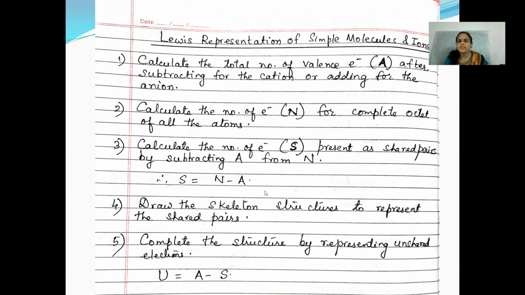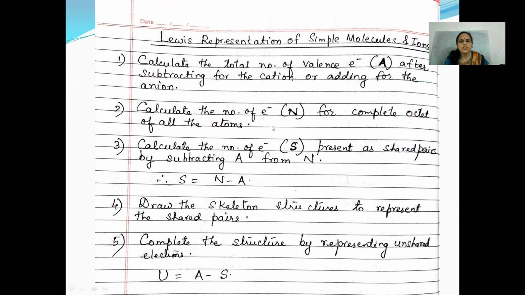If it is a cation, you subtract the charge it carries from the total number of valence electrons. If it is an anion, you add the charge to the total number of valence electrons, and thus you get the value of A.